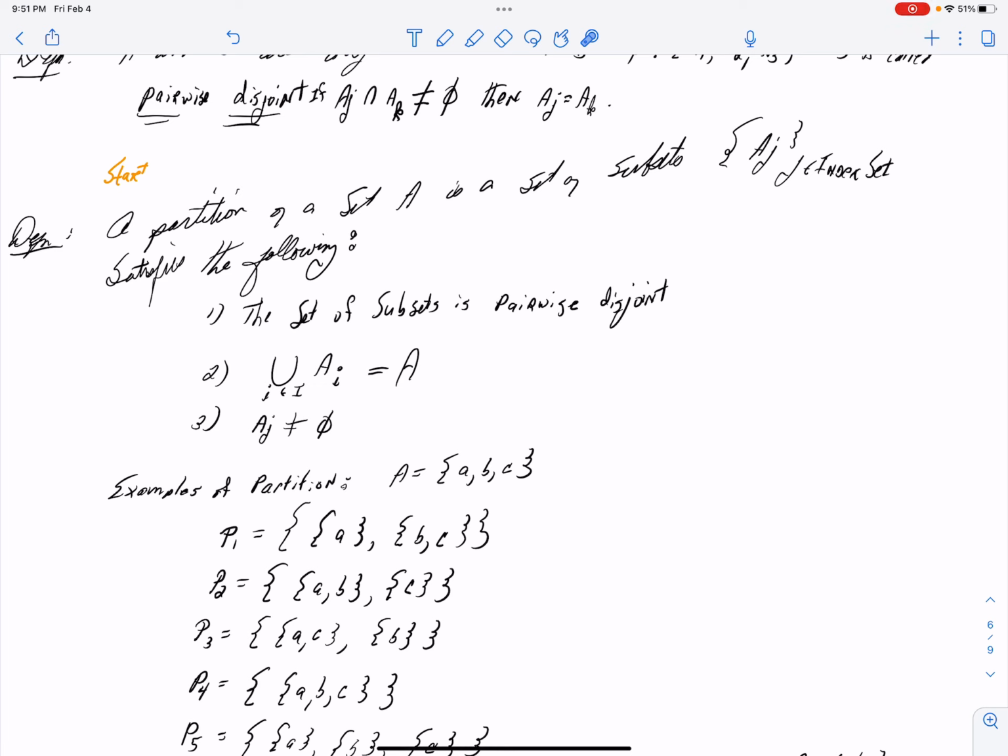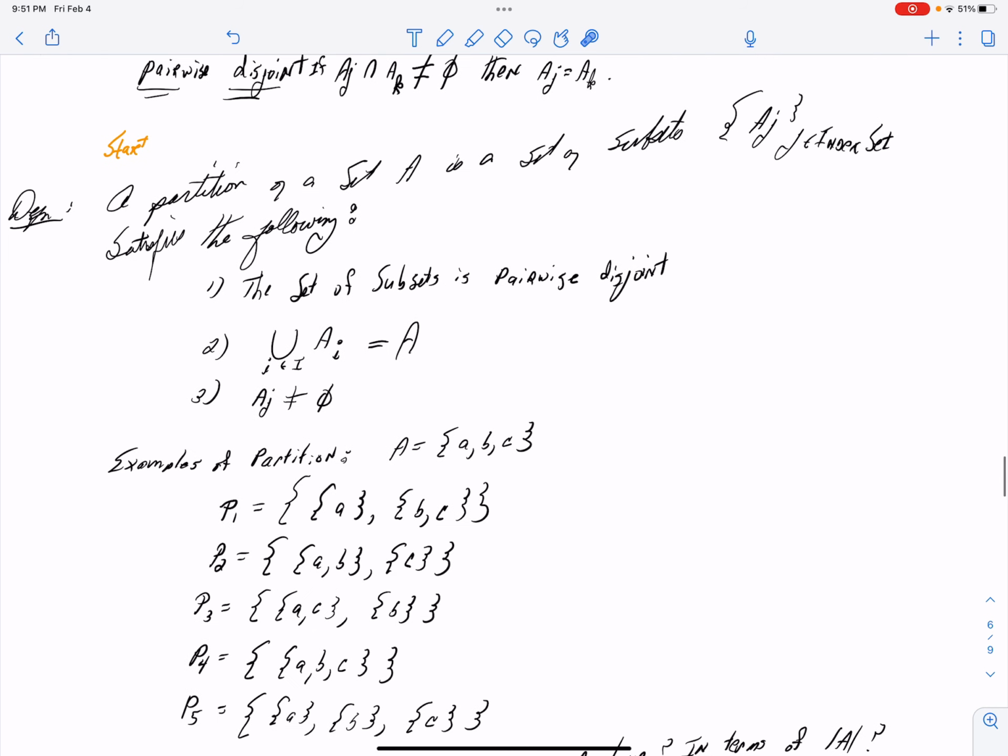Number two, if you union everything up, you get the whole set A. And finally, number three, none of the subsets is the null set. Okay, so a partition on a set A is a set of subsets that satisfy these three things.